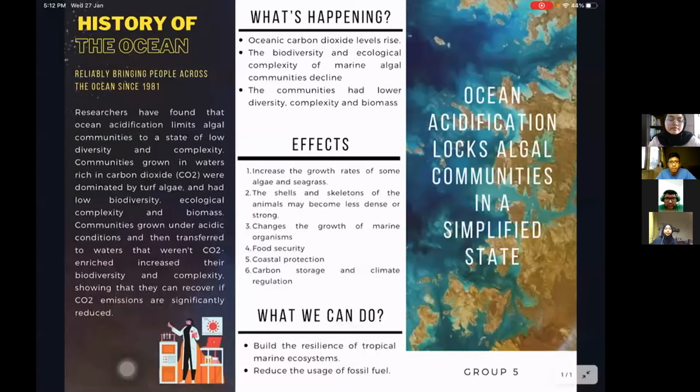And the last one, the communities had lower diversity, complexity, and biomass. Actually, a lot is happening. The study from Professor Ben P. Harvard said that ocean acidification is harmful to a lot of different marine organisms. So next, I'm going to pass to Sofia Arisha to present about the effects.